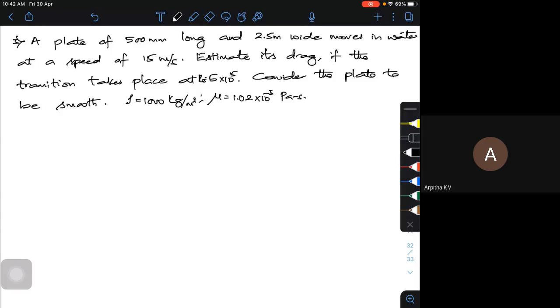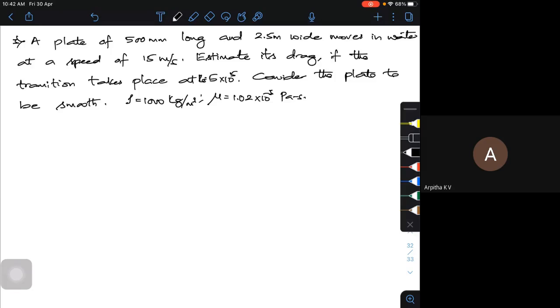Sir, for the laminar case, what will be the formula? For a laminar case, I think we have taken it in the earlier boundary layer equations. It was around 0.0374 or something. Just go back and look into those equations.